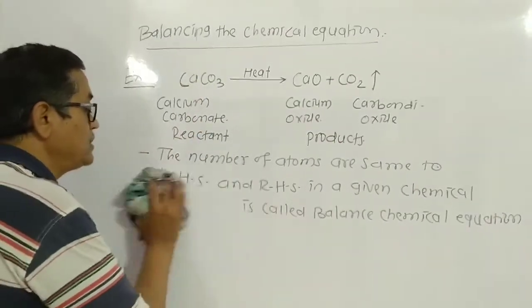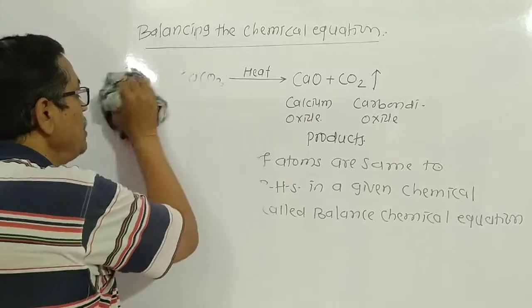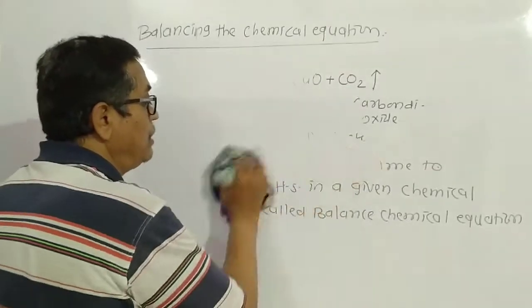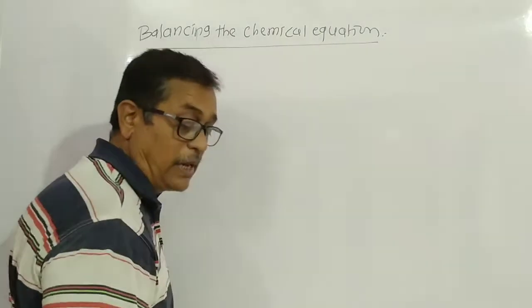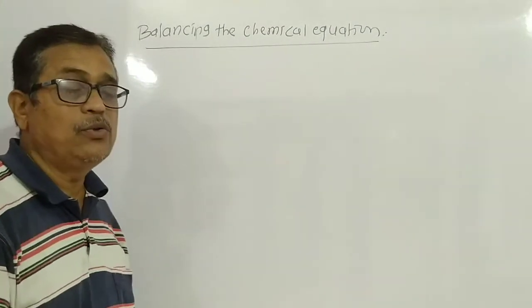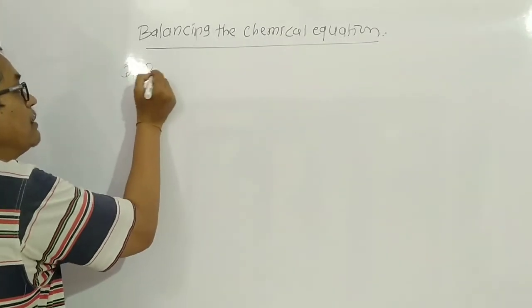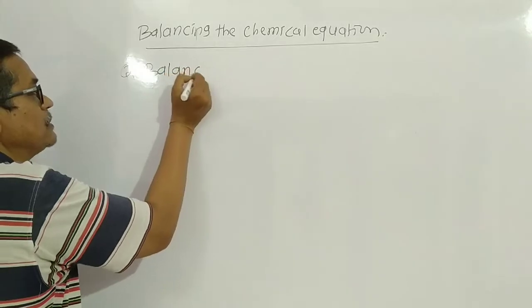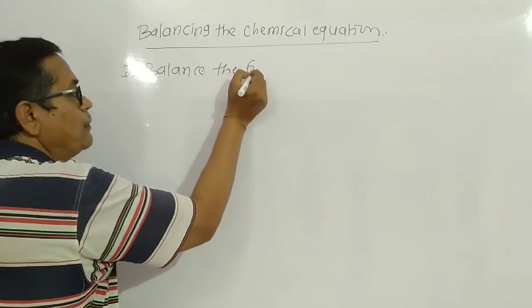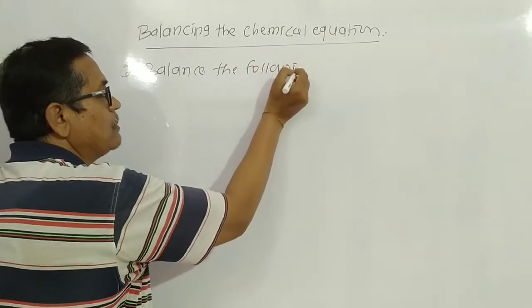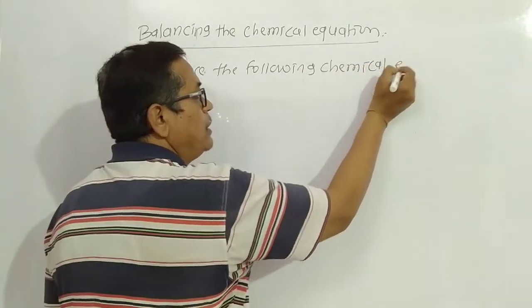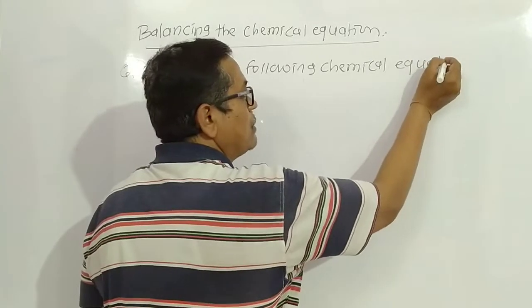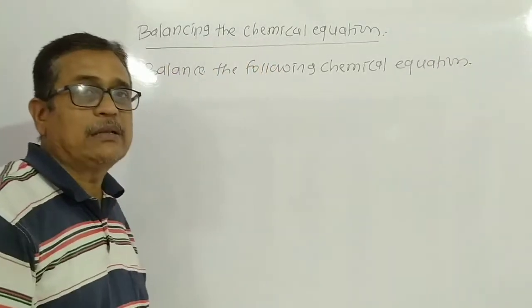Then how do we balance an equation? If you are given an unbalanced equation, how do you balance it? For example, the question is: balance the following chemical equation.